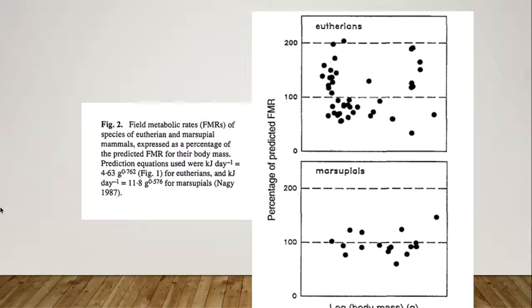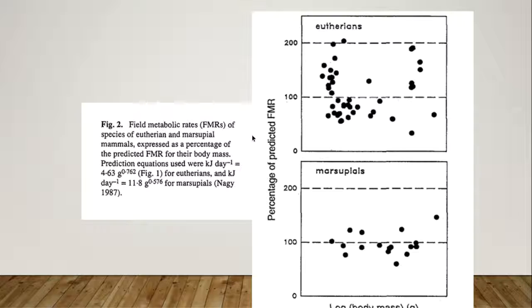Here, field metabolic rates are depicted as a percentage of the predicted field metabolic rate relative to body mass. The purpose of this figure is to show the amount of variation that isn't accounted for by body mass alone. There is obviously still a huge amount of variation unaccounted for, especially in eutherian mammals.